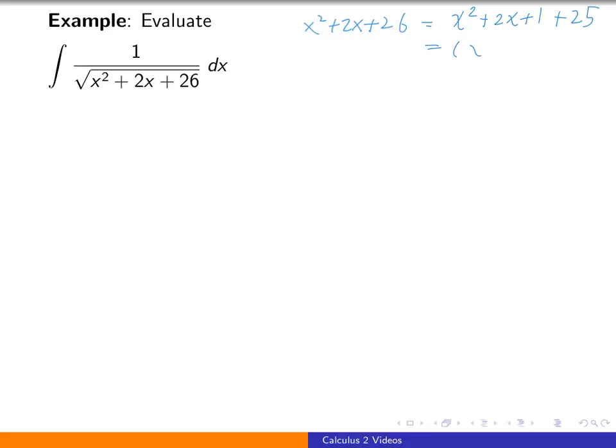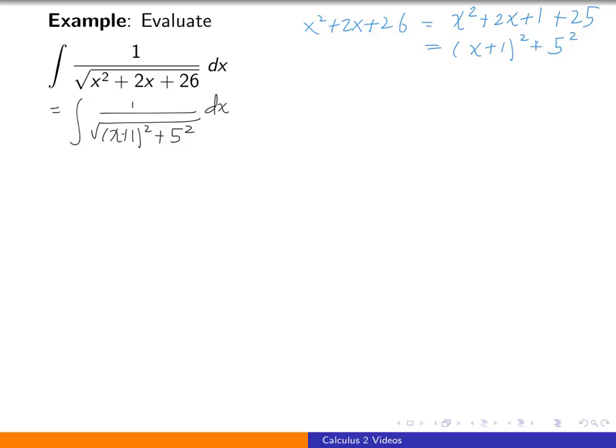So this becomes x plus 1 quantity squared plus 5 squared. So if we go ahead and just replace that term in the square root in the denominator and write this as 1 over the square root of x plus 1 quantity squared plus 5 squared.